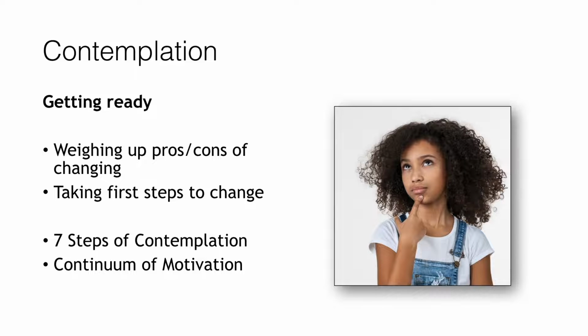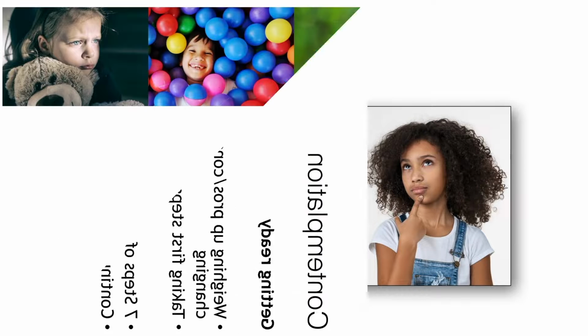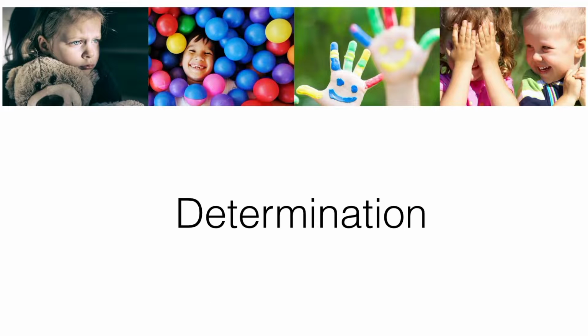The decisional balance tool, also called change weighing it up, can also help you have a conversation about weighing up the pros and cons with the parent, the positives and the drawbacks of changing, and of staying as they are. All of these approaches, 7 steps, continuation of motivation, and the decisional balance tool, amplify the conversation about change with the parent.